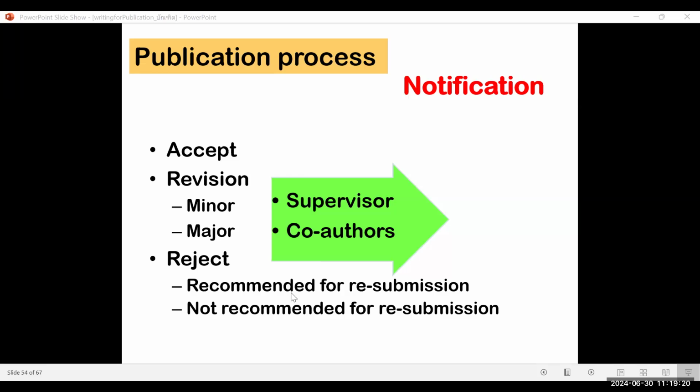But if it turns out to be rejected and not recommended for resubmission, maybe it seems to be out of scope, or maybe some point in our manuscript. Any feedback, any notification that you get from the publishers, better turn your eyes back onto your manuscript at any point that we might miss, I mean, make not pretty clear.